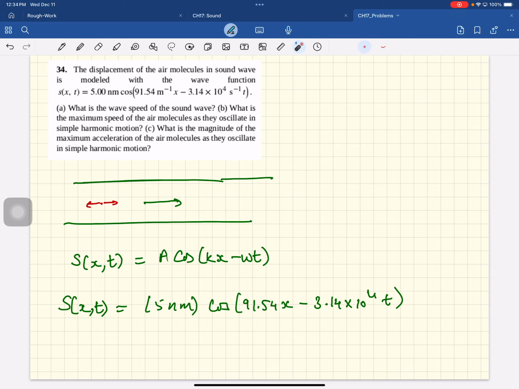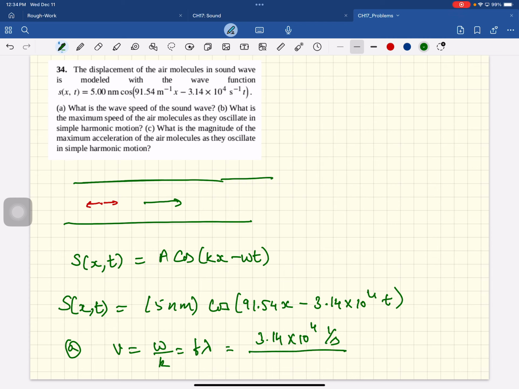So what is the wave speed of the sound wave? The wave speed is omega by k, which is also equal to frequency times lambda. So this is 3.14 times 10 to the power 4, 1 over second, divided by 91.54, 1 over meter. And the meter will come to the top, meters per second.